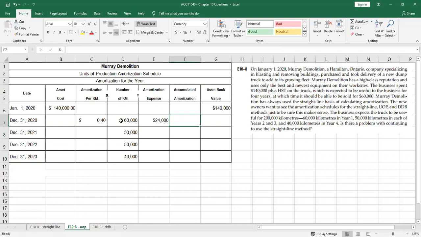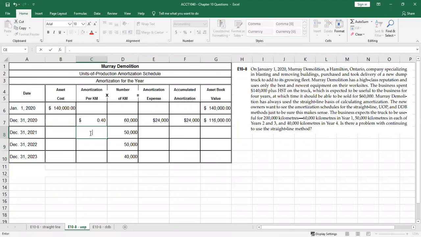Well, we only have 1 year of amortization to accumulate, so it's also 24,000. Asset book value, like we talked about, is the historical cost, $140,000, minus all the amortization that has accumulated so far. Okay, so that's the row for December 31st, 2020 complete.